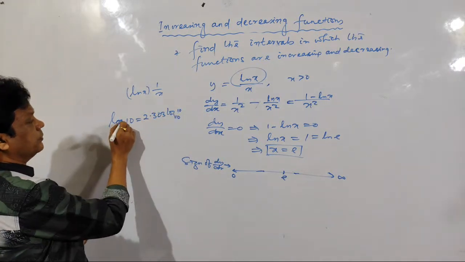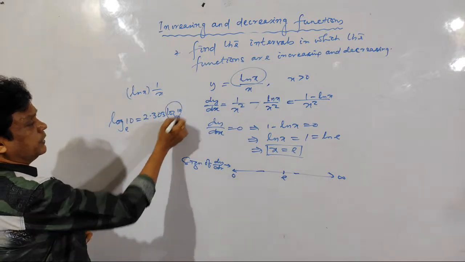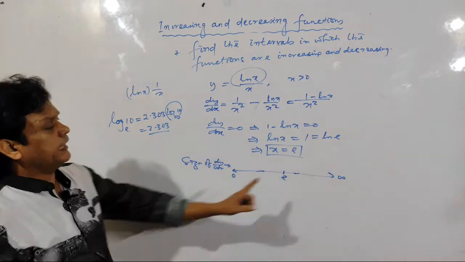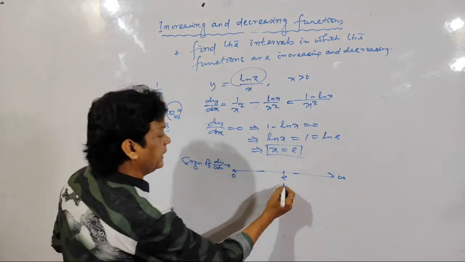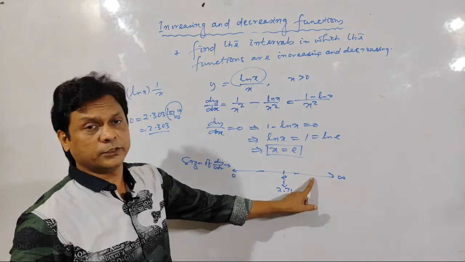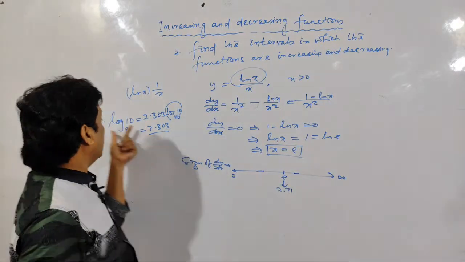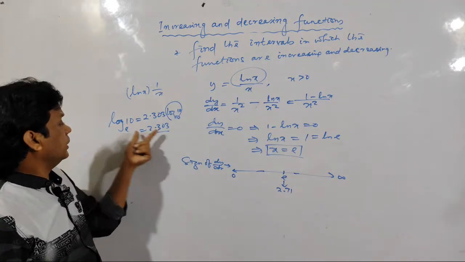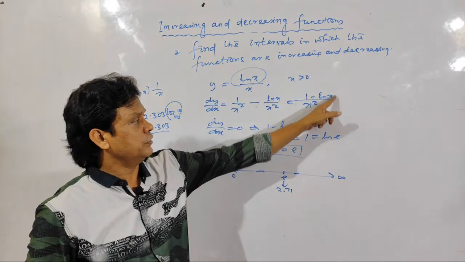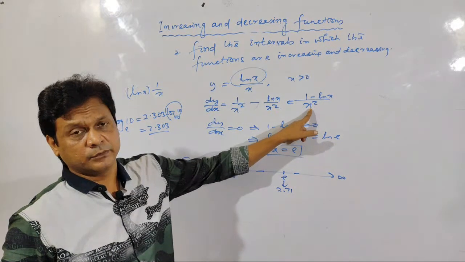Ln 10 means log base e, so this one is 1. That means 2.303. 10 is on this side because the value of e is 2.71. So take one point in this interval, 10. So ln 10 is equal to 2.303. Clear?